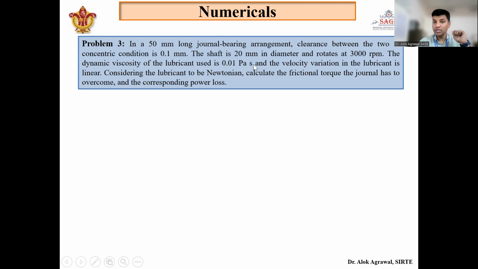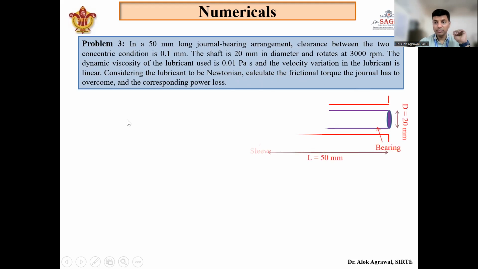Here pascal second means newton second per meter square. Okay, so it is given in SI unit, and the velocity variation in the lubricant is linear, means we can apply here Newton's law of viscosity. Again, considering the lubricant to be Newtonian, calculate the frictional torque the journal has to overcome and the corresponding power.